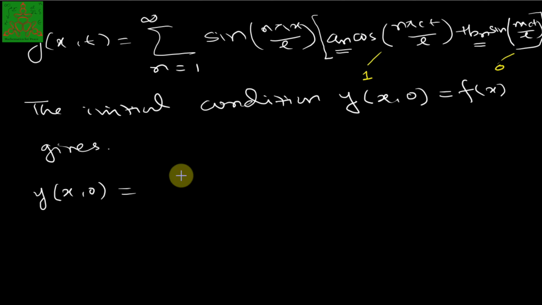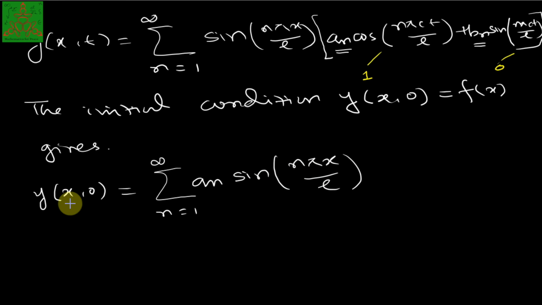So we have the summation, n running from 1 to infinity, of an sin(n pi x upon L), and this side is actually f(x). It looks like a Fourier series, a half range Fourier series.